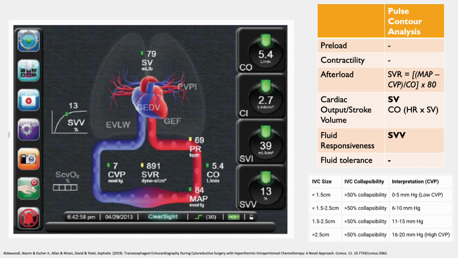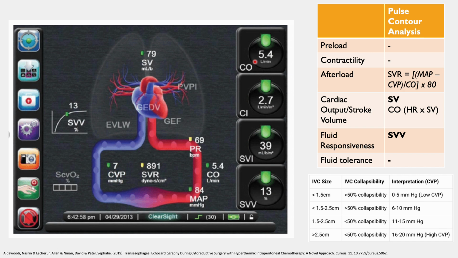As previously mentioned, stroke volume is the most directly derived variable via pulse contour analysis, from which cardiac output can be calculated based on the formula heart rate times stroke volume.